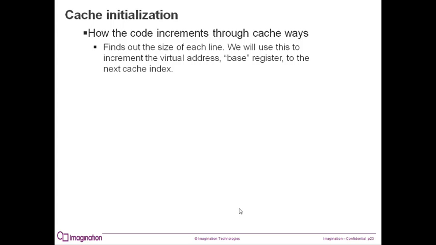The size of the index field will vary according to the size of the cache way. The larger the way, the larger the index needs to be. In this example, the combined byte and page index is 12 bits because each way of the cache is 4K. The way number is always the next 2 bits following the index.